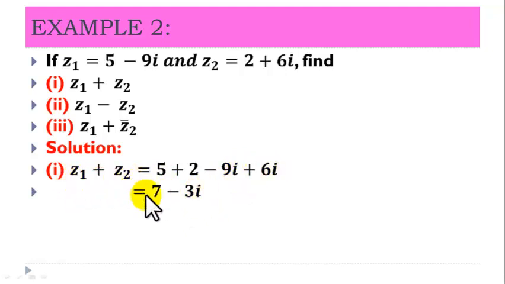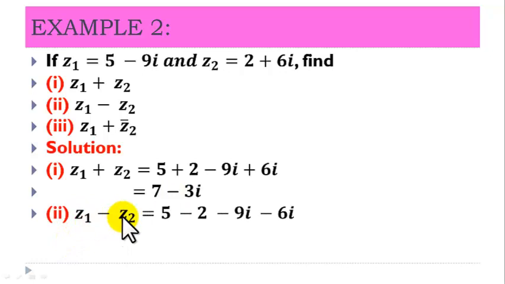So z1 plus z2 is equal to 7 minus 3i. 2. z1 minus z2, we subtract the real part, 5 minus 2. We also subtract the imaginary part, minus 9i minus 6i, to obtain 5 minus 2 is 3, minus 9i minus 6i is minus 15i. So z1 minus z2 is equal to 3 minus 15i.